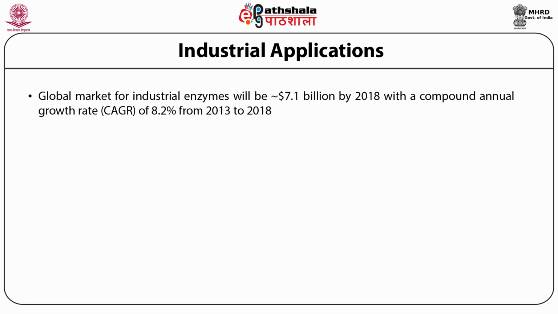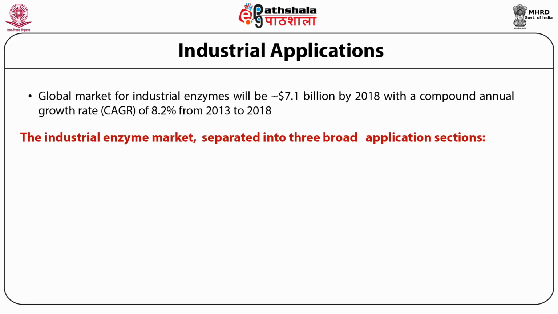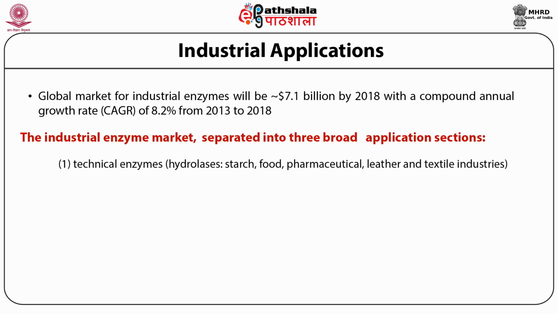So now let us see how these enzymes are sectioned according to their industrial use. The industrial enzyme market is separated into 3 broad applications and leads to 3 different sections of these enzymes. The first section I would like to introduce to you is technical enzymes, where the hydrolases figure in, and the hydrolases are utilized in starch, food, pharmaceutical, leather, and textile industries.